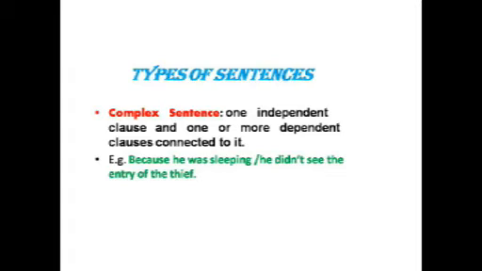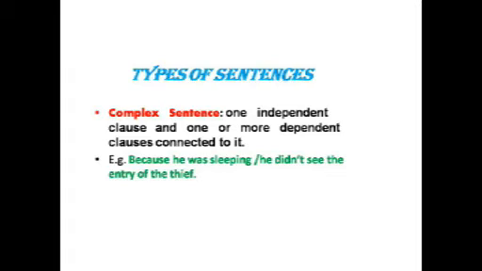Next we have complex sentence. A complex sentence has one independent clause and one or more dependent clauses. Look at the example. Because he was sleeping, he didn't see the entry of the thief.